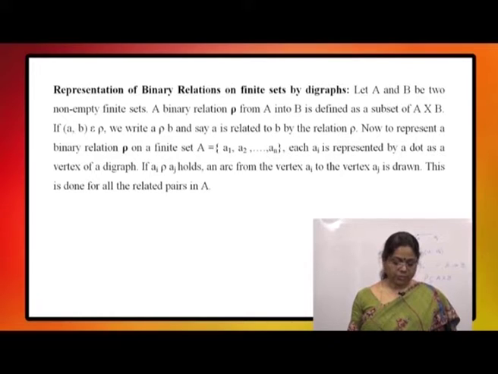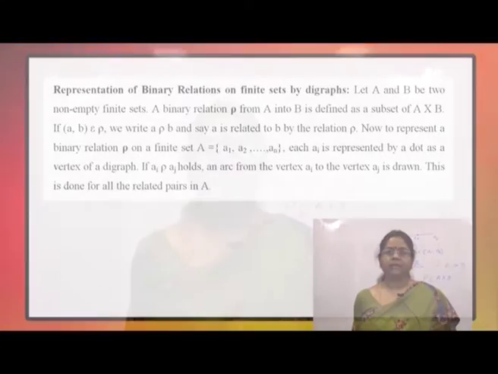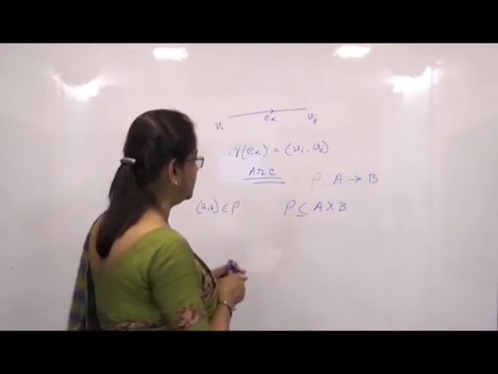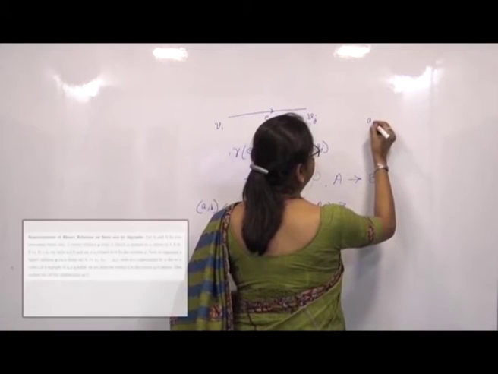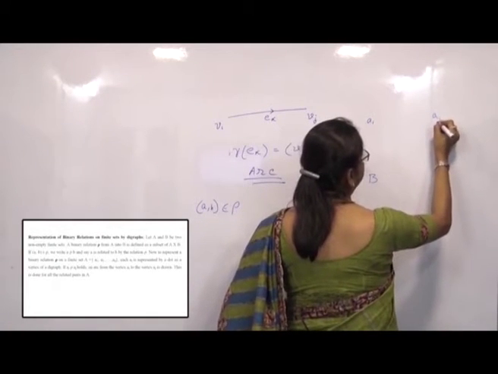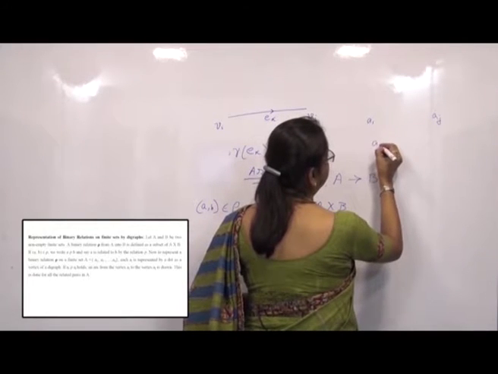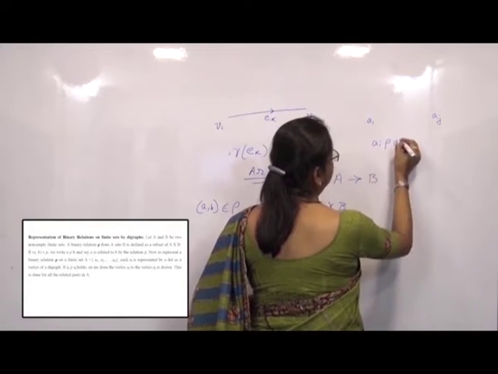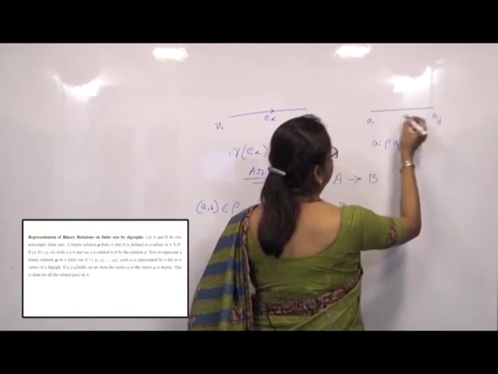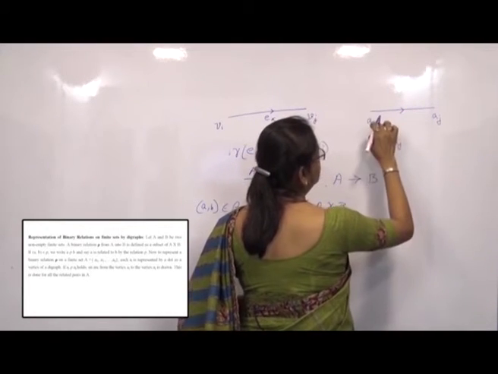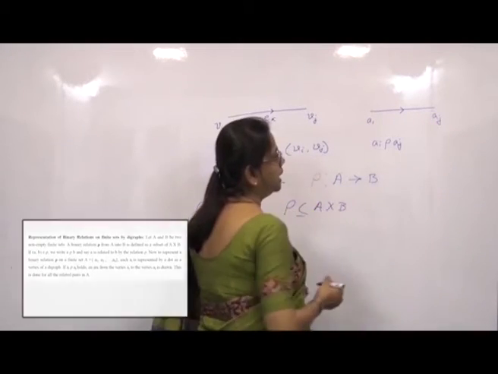Now to represent a binary relation rho on a finite set A, say A1, A2 to AN, by a graph, each AI is represented by a dot as a vertex of a digraph, and if AI rho AJ holds, then we draw an edge which goes from AI to AJ.